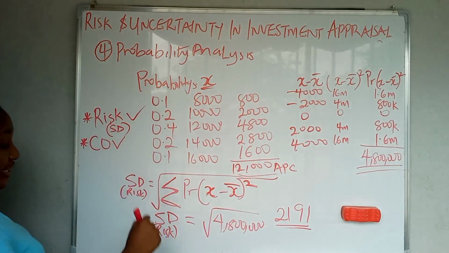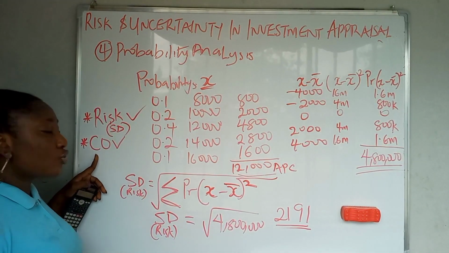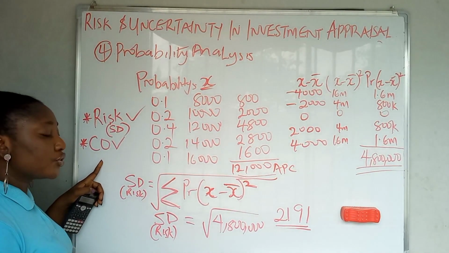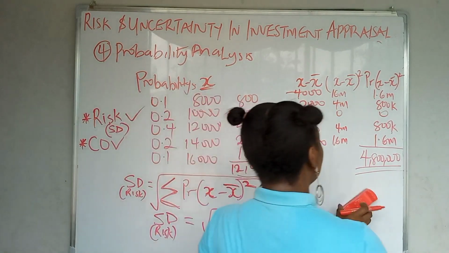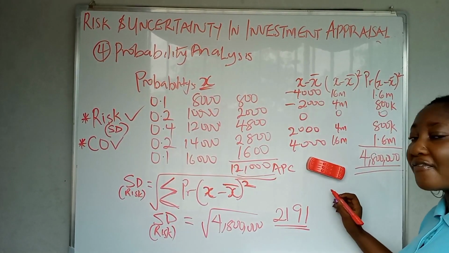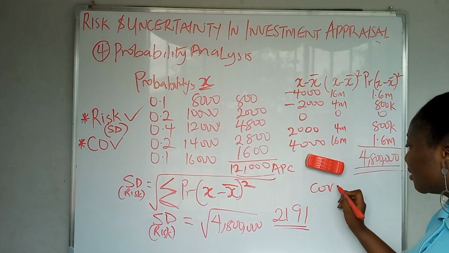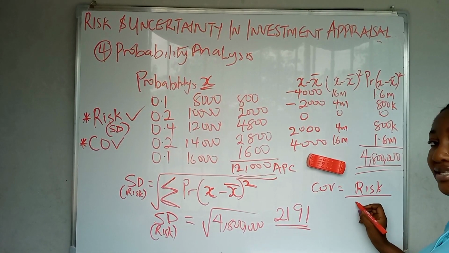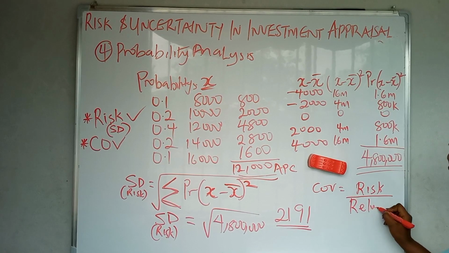So we've done this. Now I said they can ask you to calculate the coefficient of variation, and the formula for calculating coefficient of variation is your risk divided by your return. In fact, coefficient of variation here means what? What is your risk per return? Risk over return.